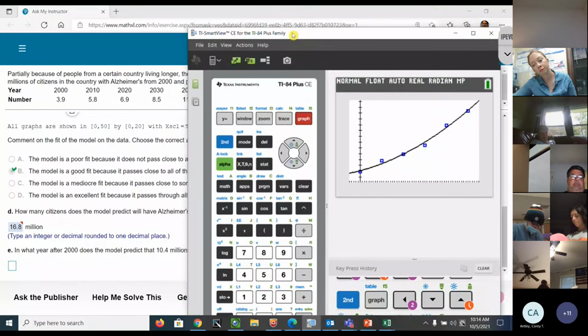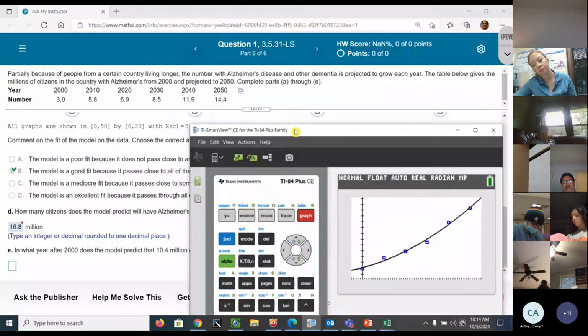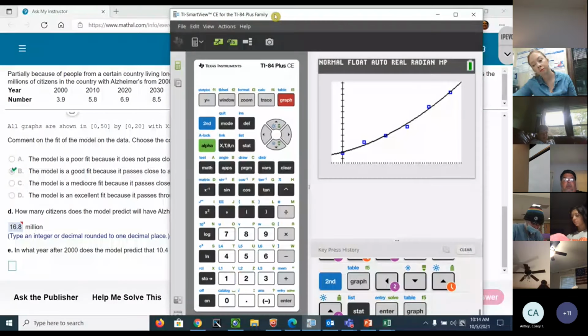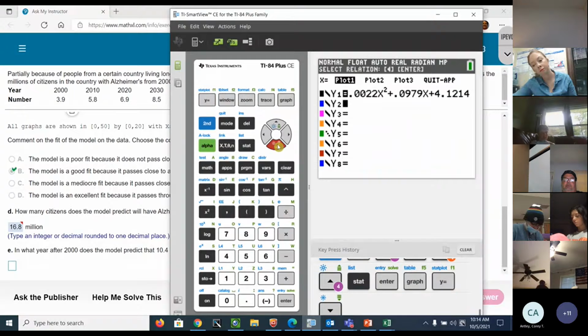So that means I need to set y equal to 10.4.